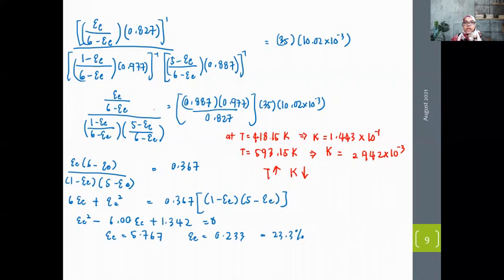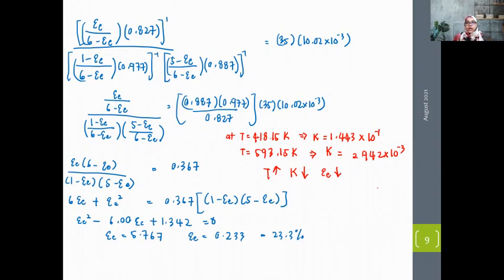So this shows the effect for an exothermic reaction. For the exothermic reaction, we can say that as temperature increases, the equilibrium constant decreases, which eventually leads to a decrease in the conversion.